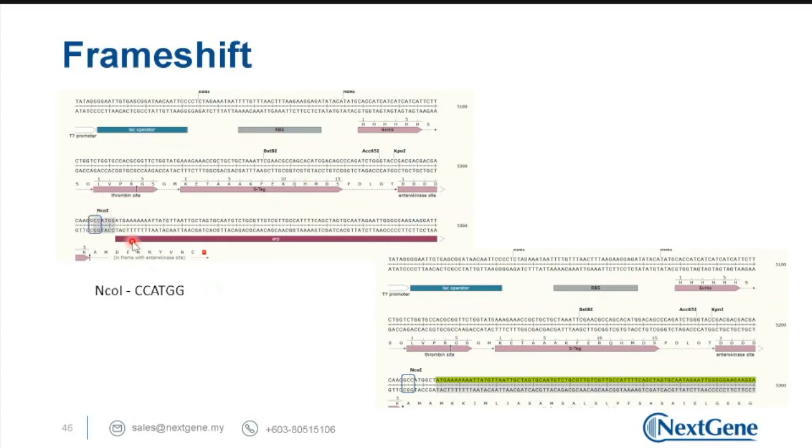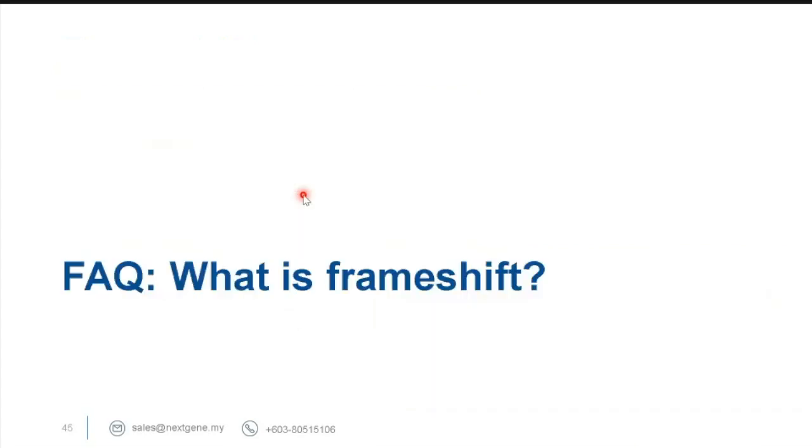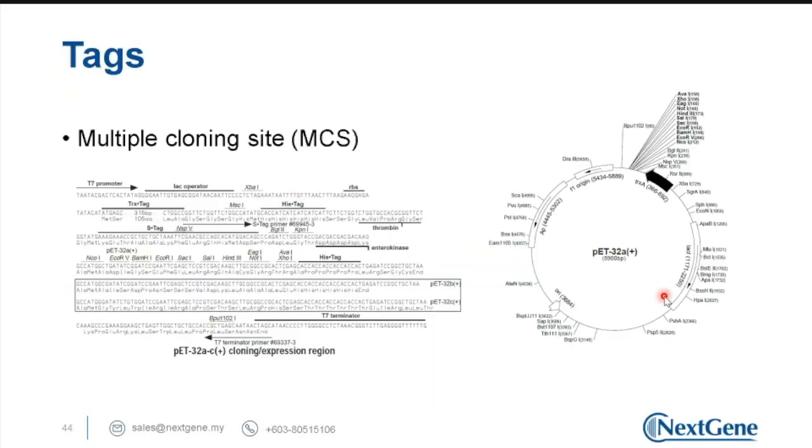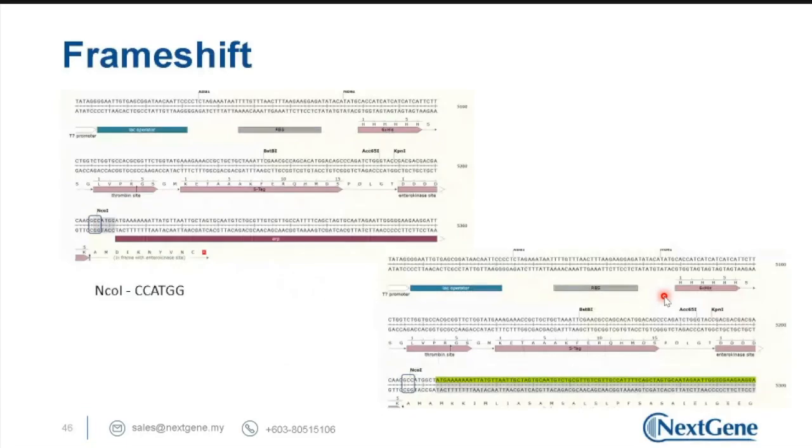Before the NcoI is actually the vector sequences. These are all the vector sequences: the promoter, the RBS, the His tag, the S tag, just exactly like the pET32. It's all from the vector. So I would like to choose an RE site NcoI, then continue with my sequence of interest.